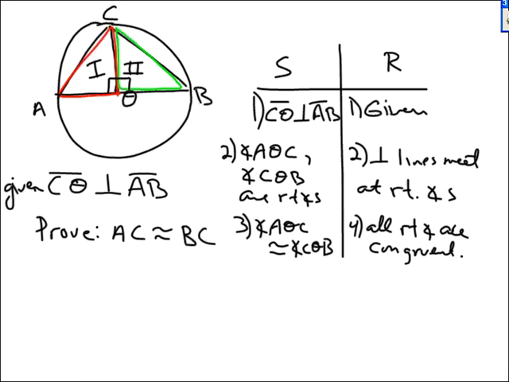Okay, so we have two angles that are equal. Now, AO and OB are equal. They're both a radius of the circle. While we're at it, I'll even say OC. AO, BO, and CO are all radii.